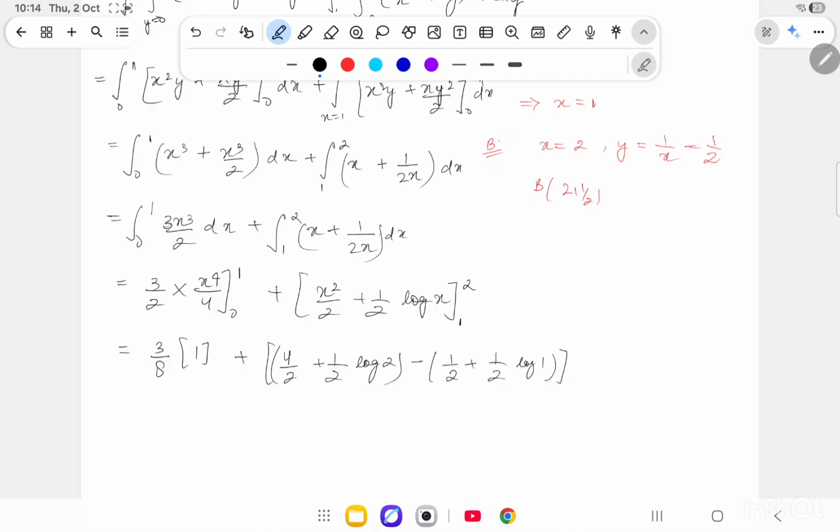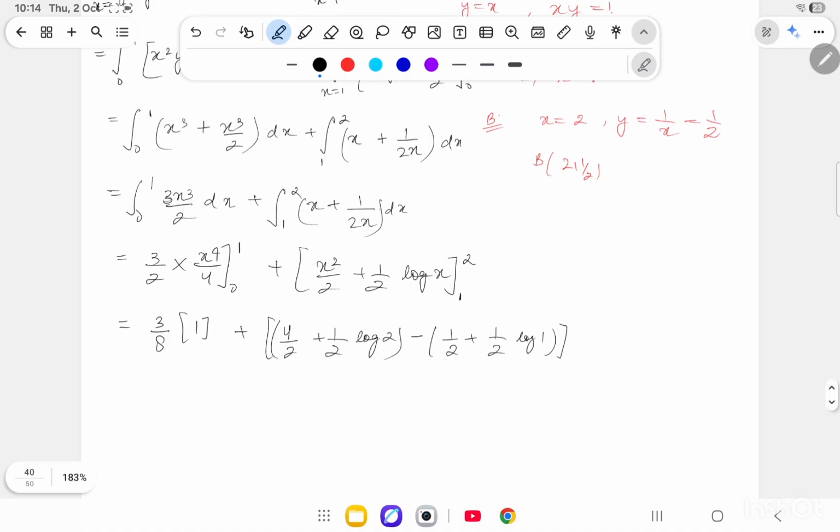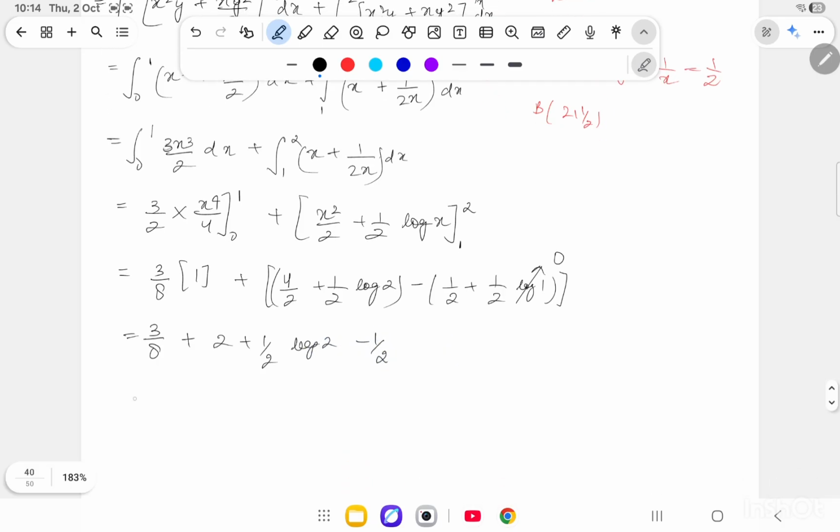Log 1 is 0, so this term will be 0, and the final result is 3 by 8 plus 2 plus 1 by 2 log 2 minus 1 by 2. I can write minus 1 by 2 as 4 by 8.